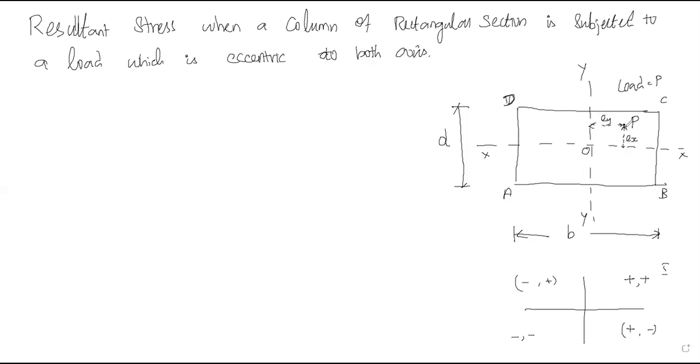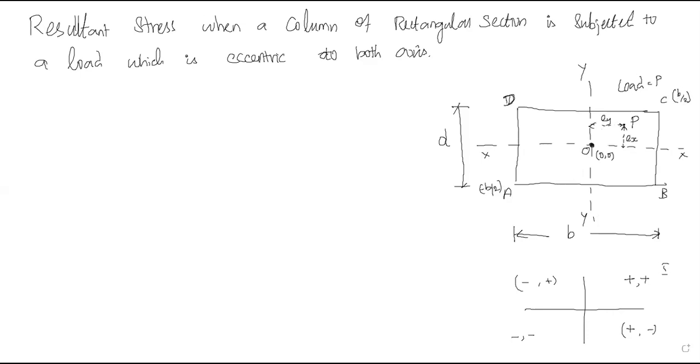Okay, why I am saying this is because the position is going to change the result. If I take this as 0 comma 0, then this one is b by 2 and here it is minus b by 2.